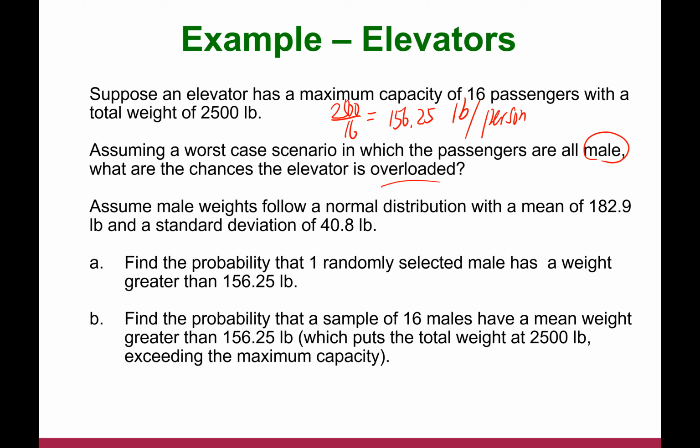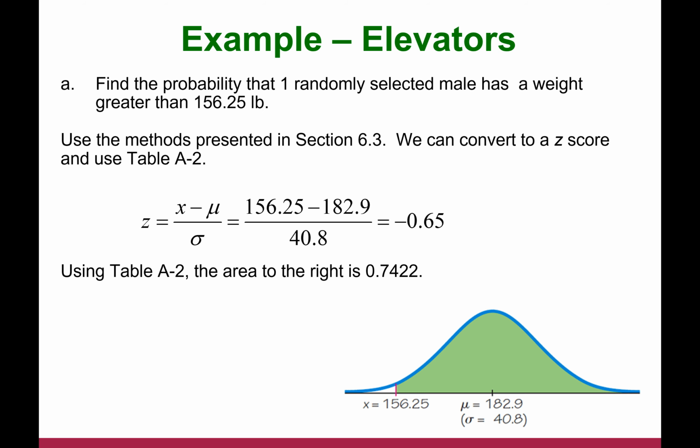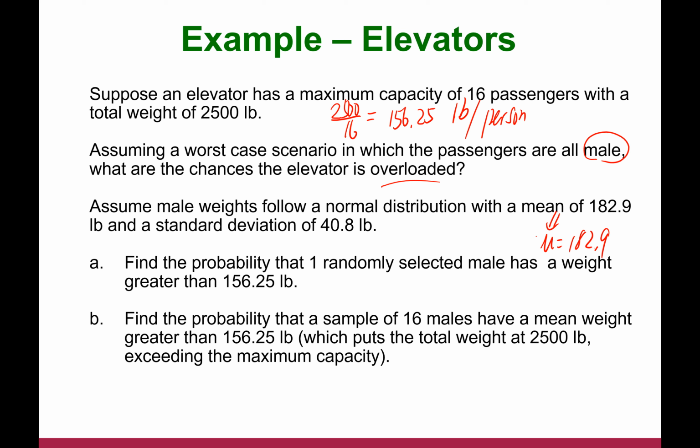Assuming male weights follow a normal distribution with a given population mean mu equal to 182.9 and population standard deviation 40.8, find the probability that one randomly selected male has a weight greater than 156.25. Since you only pick one male, we use a regular z-score formula to find the probability.